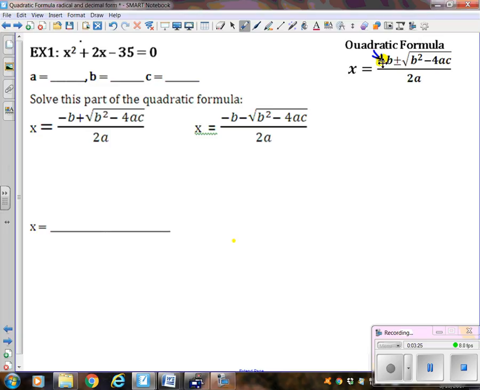If I say opposite, it is a negative sign, but negative of a negative would be positive. Then it's plus or minus. That's where we're going to get two possible answers.